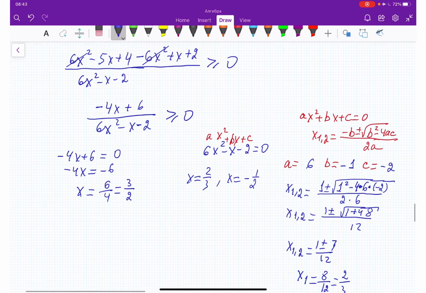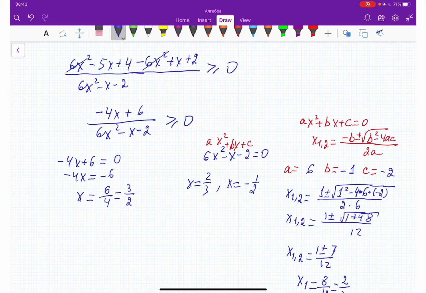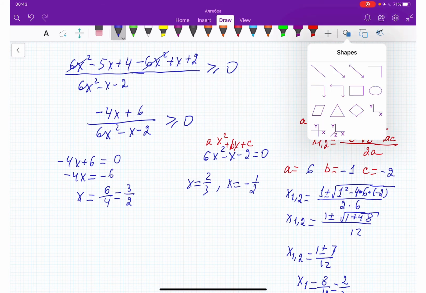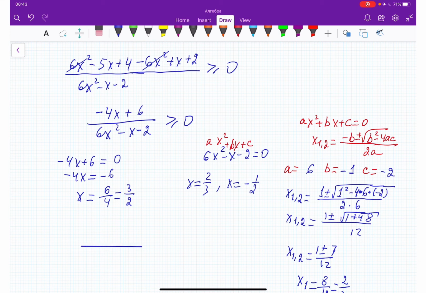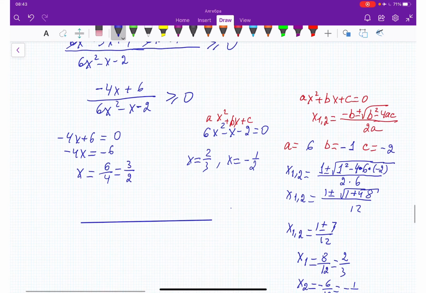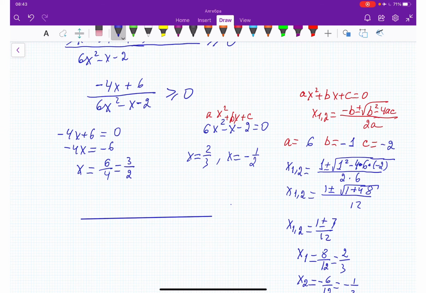All right. So let's figure out what we're going to get. Plugging these points. What do I have here? 3 over 2, it's over 1, something over 1. It's going to be full point, 3 over 2. Next, 2 over 3, it's going to be less.